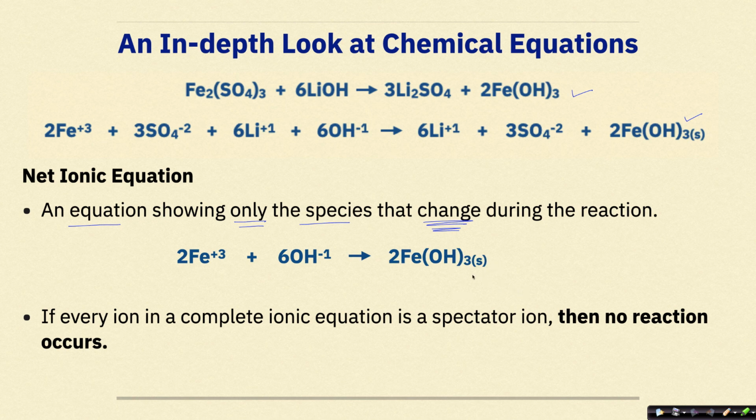Now again, you don't need to put the solid in, but you better recognize that this thing is a solid. So it's only the ions on the reactant side that are formed in the solid. If every ion in a complete ionic equation is a spectator ion, then no reaction occurs.